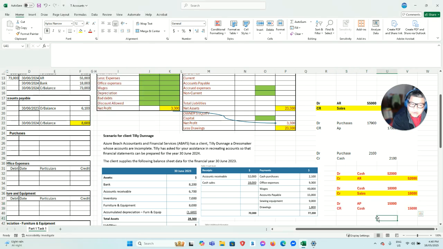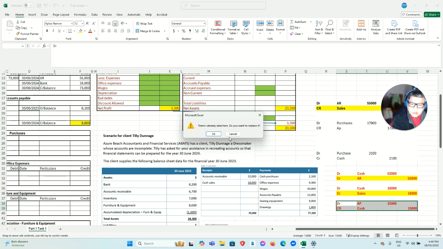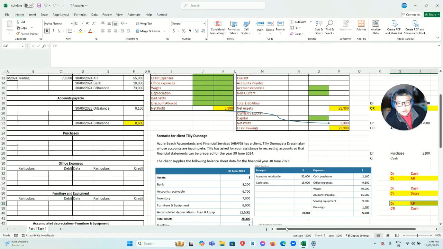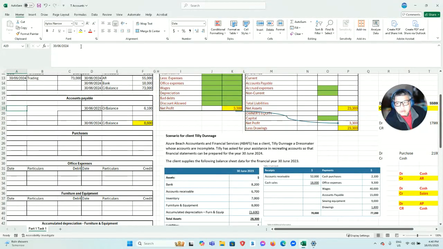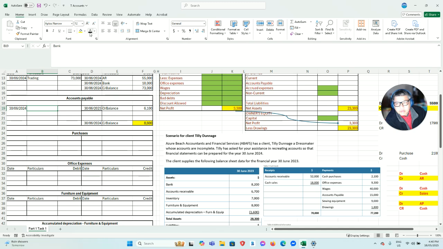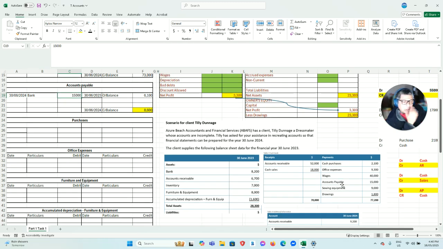Accounts payable is going to flow as a debit, so on your debit side of accounts payable. For the date you write bank, debit.